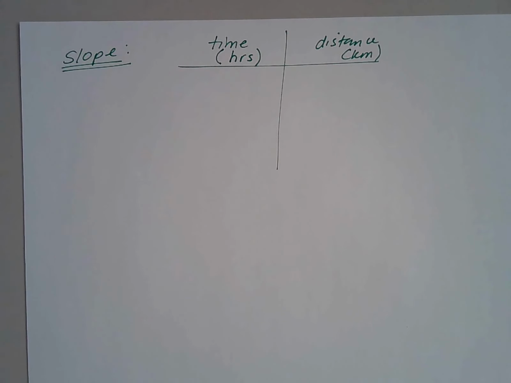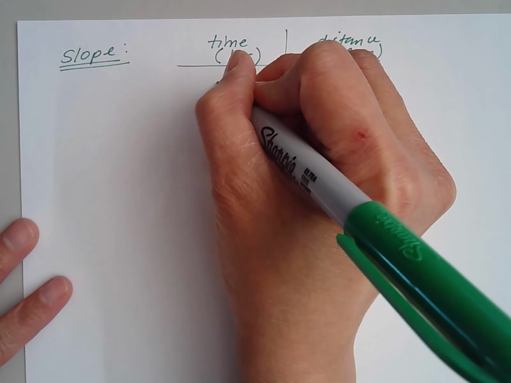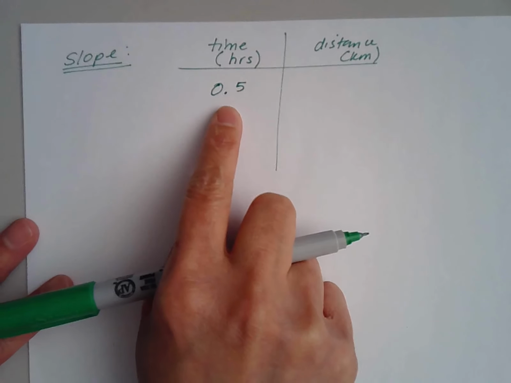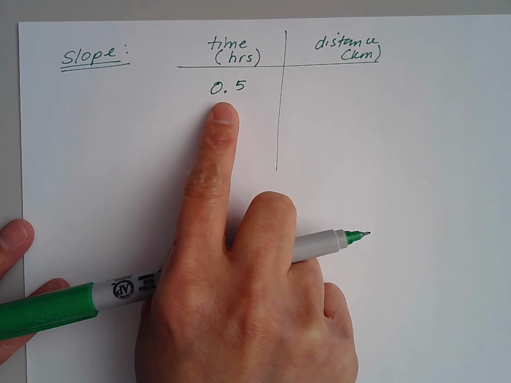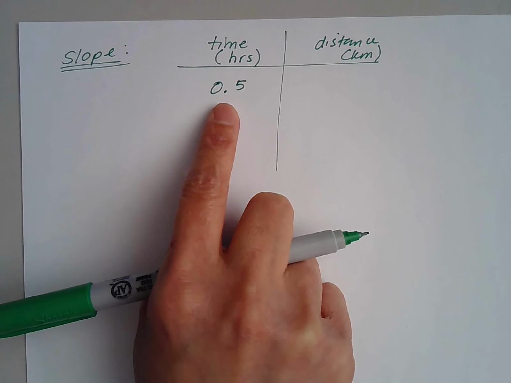I'm just gonna make this up because I don't know how fast this person is going. What does that mean? 0.5 means 30 minutes, means half an hour.